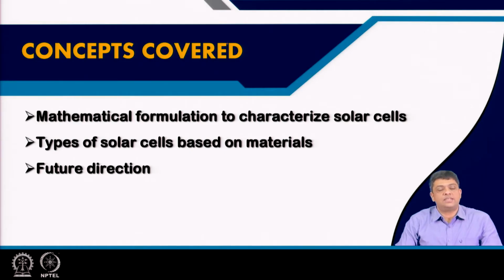In today's class, these are the concepts which we will cover. I will talk to you about the mathematical formulations which are used to characterize solar cells. We will talk about the types of solar cells which can be classified based on the materials that are used to obtain them, and also the future direction in which this field is expected to move.